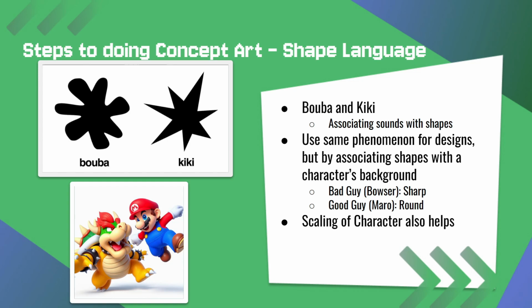That same logic can be applied to your character designs or anything else. For example, Bowser and Mario. Bowser is more sharp in his shapes, and Mario's more round. With the sharp shapes, you can easily tell that Bowser is more likely to be the villain than Mario, okay? Because sharp can also resemble a knife, you know?